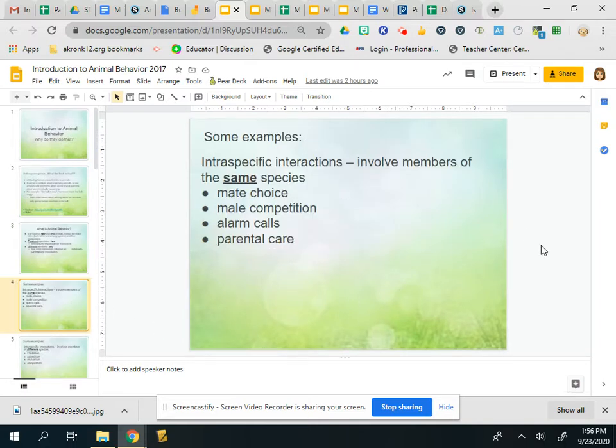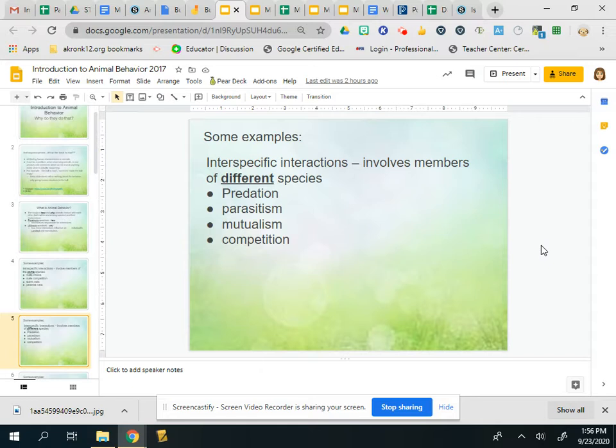Okay, so here are some examples of different types of behaviors. This one is intraspecific. That means between members of the same species. So mate choice, male competition, alarm calls where they warn everybody else about danger, parental care, those are all within the same species. And then we have interspecific interactions. That's between different species.